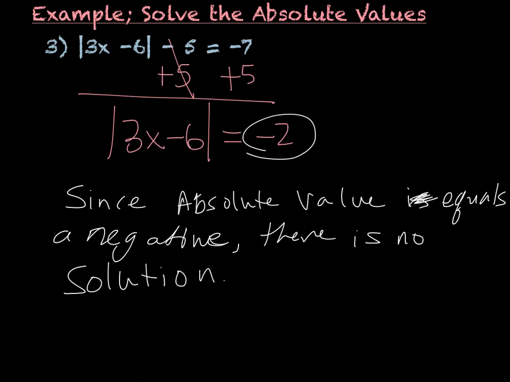So in this case, if this happens and you have the absolute value and it equals a negative number, then you can just write no solution.